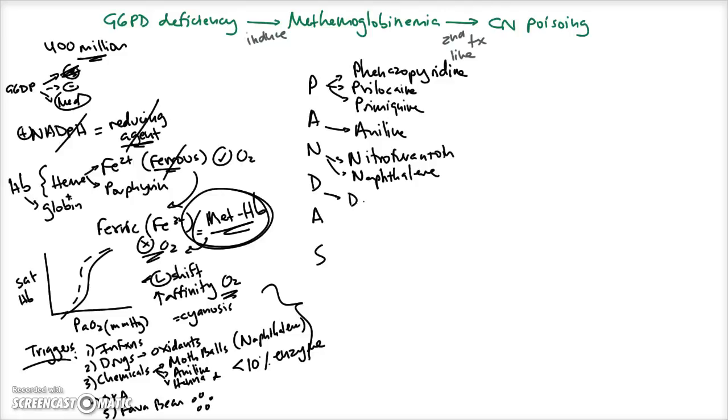D is for dapsone. A is for amyl nitrite. S is for sulfonamides and silver nitrate. And let's just briefly go through each one.